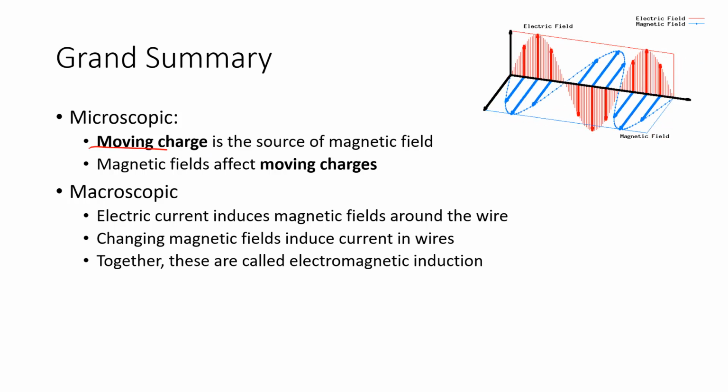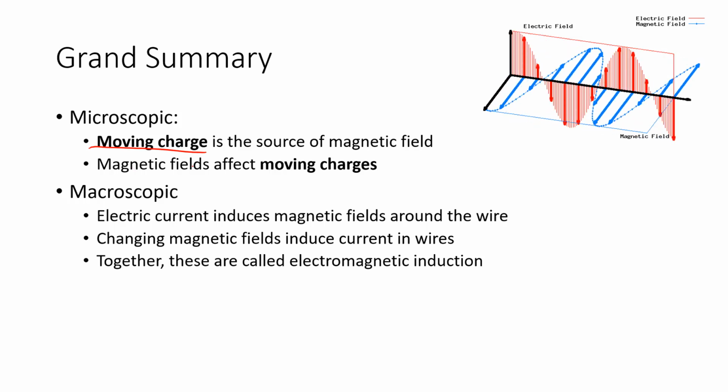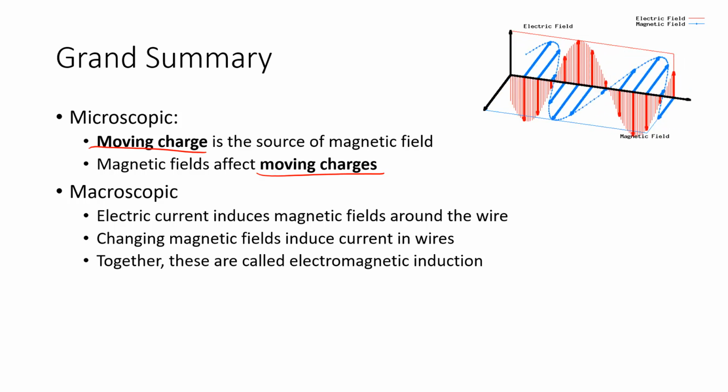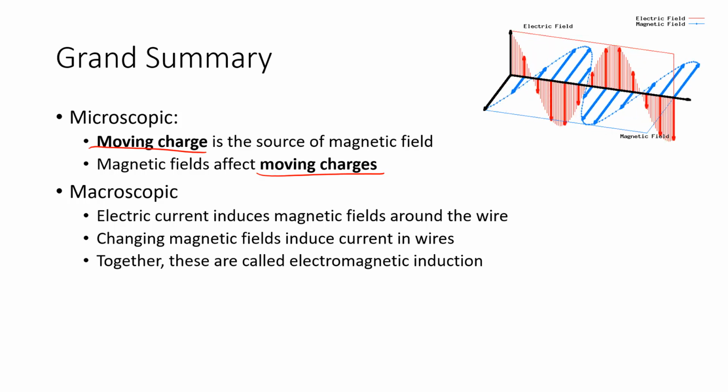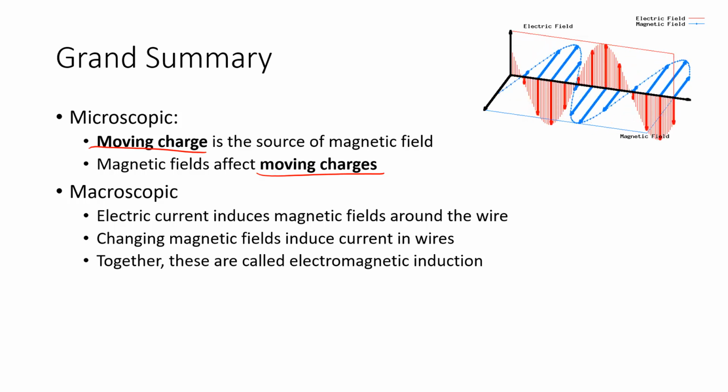So moving charge creates magnetic field, and magnetic fields affect moving charges. Our magnetic fields affected our current-carrying wires, moving charges, and they affected the electrons that were just traveling through space without wires.